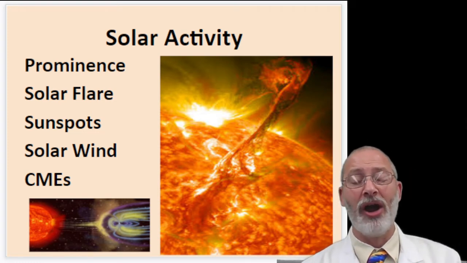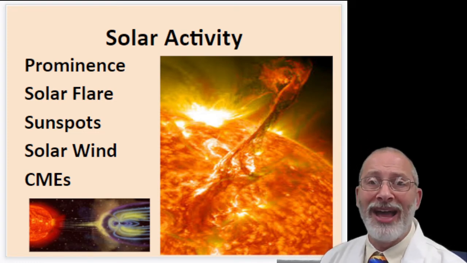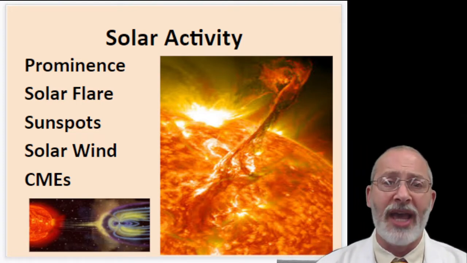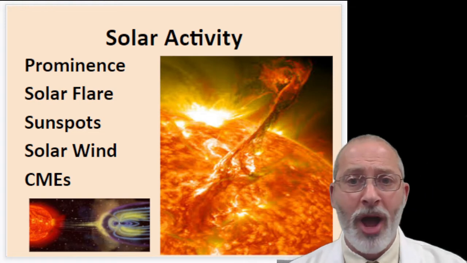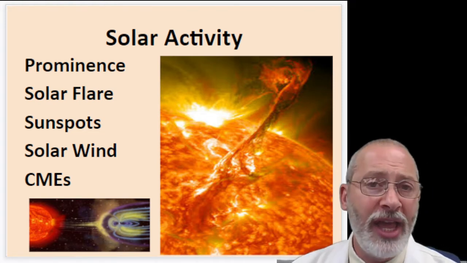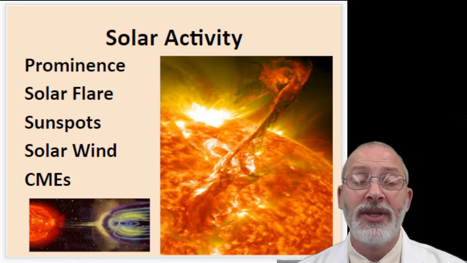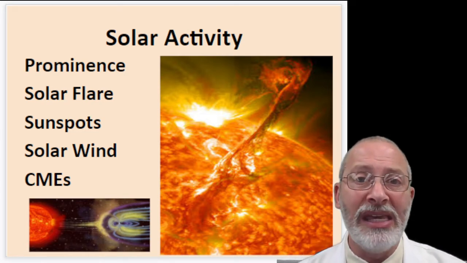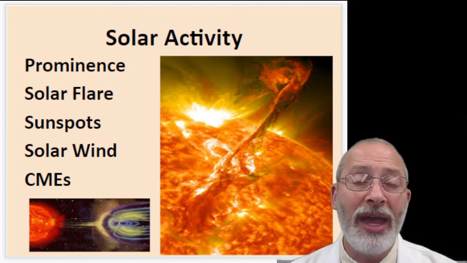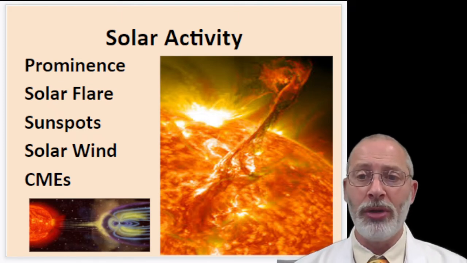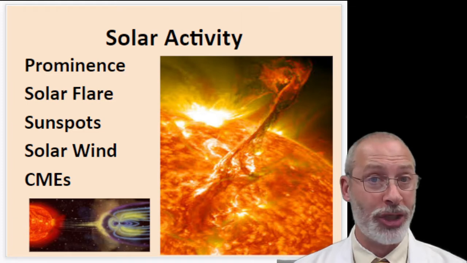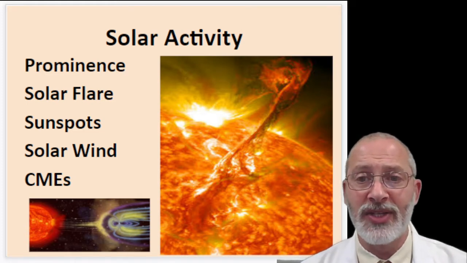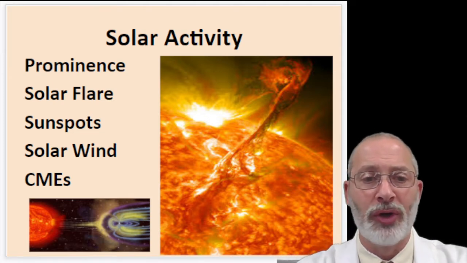In fact, there are 5 different kinds of solar activity that we are going to address today. The prominence, solar flare, sunspots, solar wind, and finally the CMEs, which is a short way of writing coronal mass ejections. And we'll get to that last as we begin discussing the various forms of solar activity.